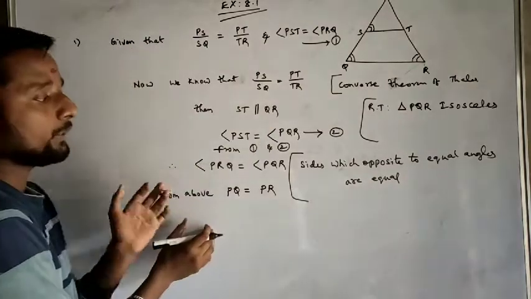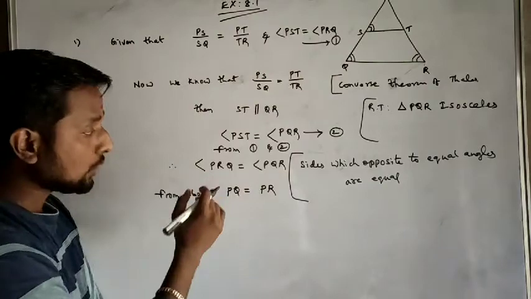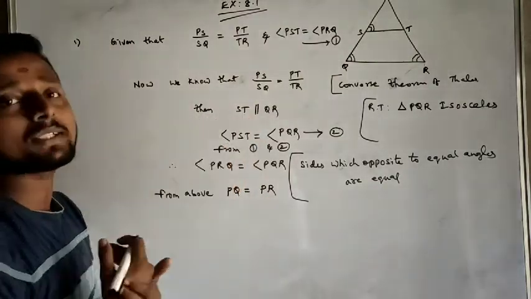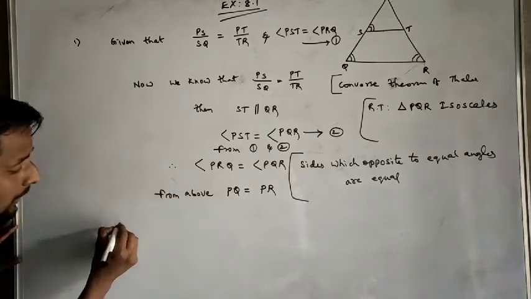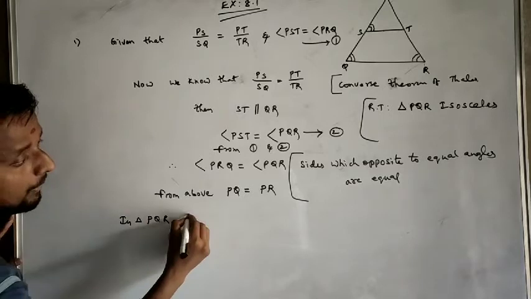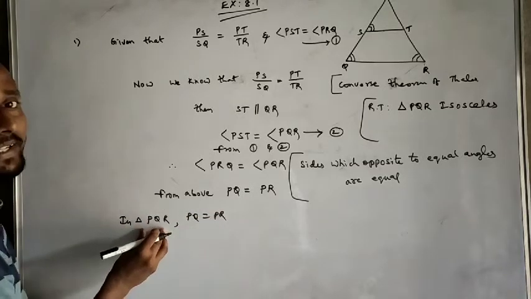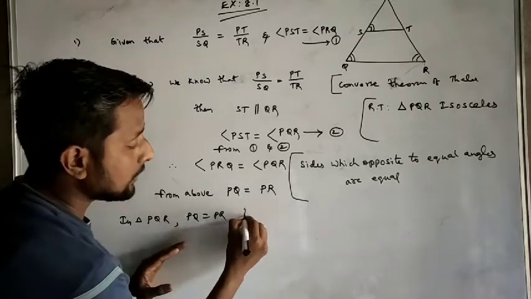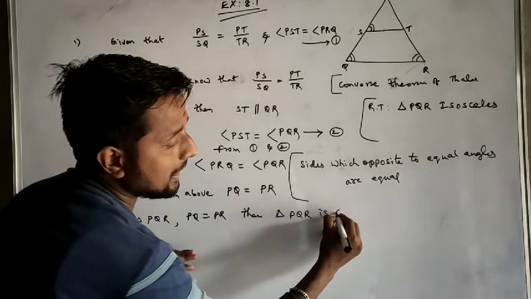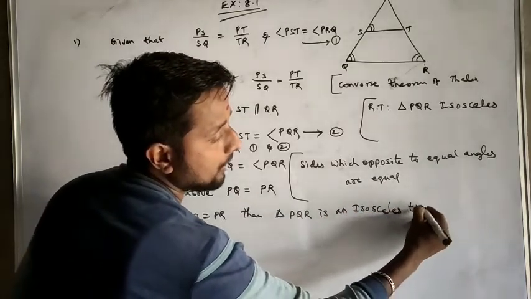We concluded in triangle PQR that these are the sides opposite to the equal angles, so the sides are equal. In triangle PQR, PQ is equal to PR. That means in a triangle, two of the three sides are equal, so triangle PQR is an isosceles triangle. Got the idea?